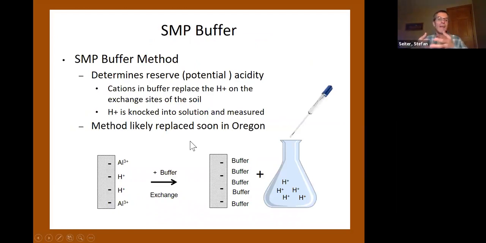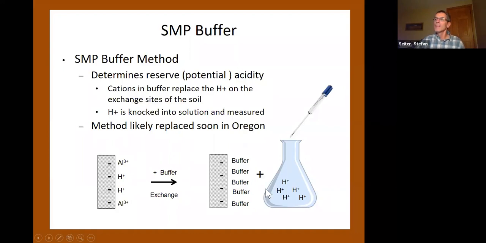So the way we try to figure out how much lime we need is that we use this buffer method. It's a carefully designed solution of chemicals where we know exactly what's in it and we know exactly what it does. When we have the soil that I had earlier, we overwhelm that soil and replace it with that buffer.